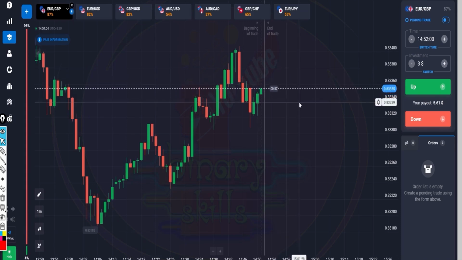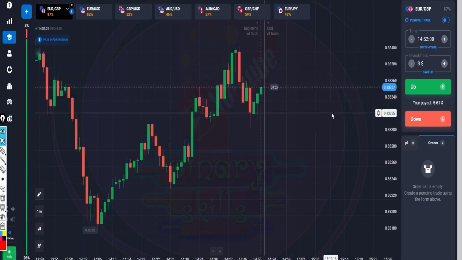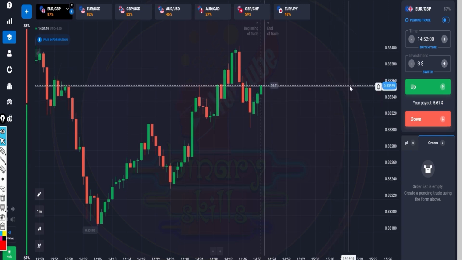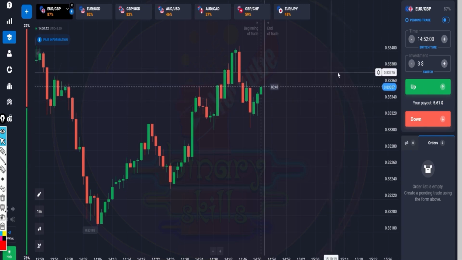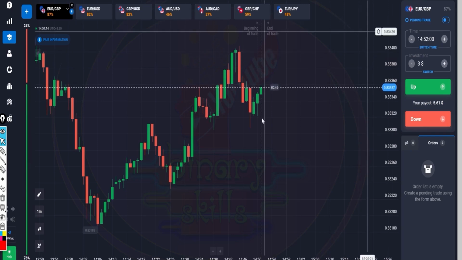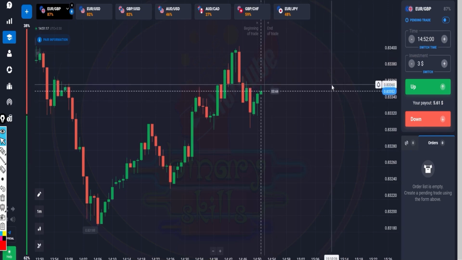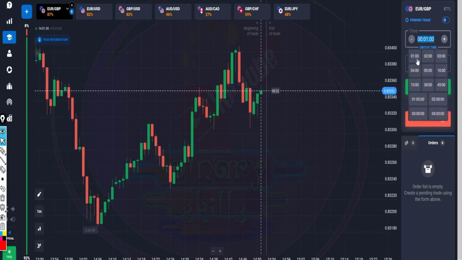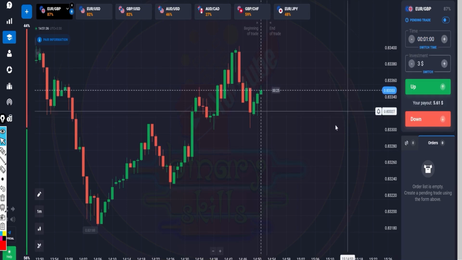The second point is about something some of you have asked me. I'll briefly explain about trade timing. If you're using this Quotex Broker and want to set your trade time, there are two modes. Look, if I click on the time switch here, you see that it shows the minutes. So, if I select 1 here, it means 1 minute.